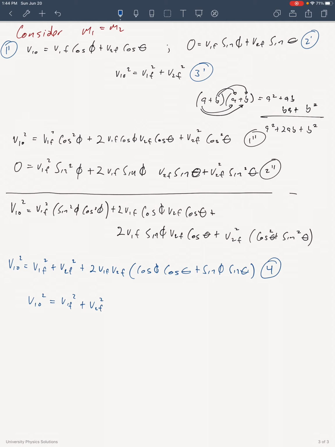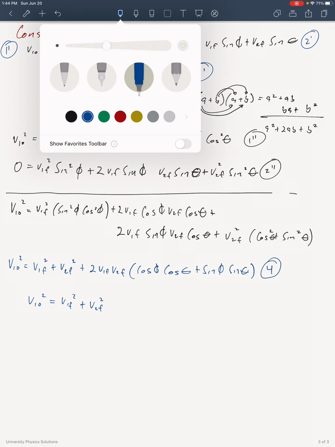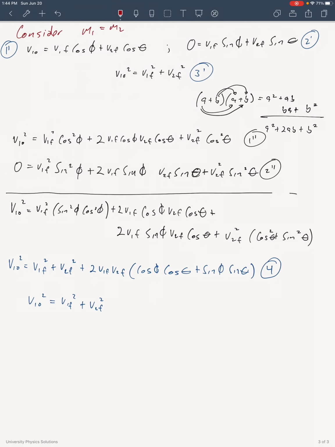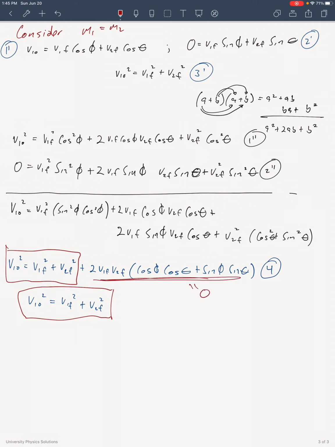So you notice something very interesting. Equation 3 prime is exactly that. And so the only way that you can have equation 4 and equation 3 be true is if this is equal to 0.